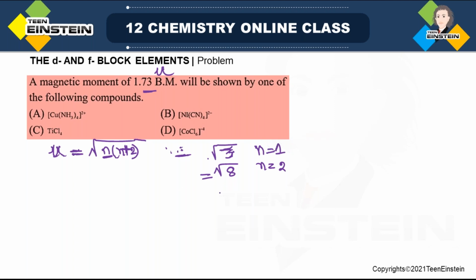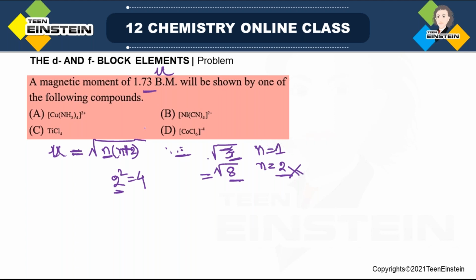Because when it is 2 square, it is 4. But when you are taking root of 4, you are getting 2. So when it is root of 8, it must be greater than 2. That means it is also greater than 1.7. So root 8 you are getting when n is 2. That means 2 unpaired electrons, this possibility is not possible. But 1, that means root 3, it can be close to 1.7.